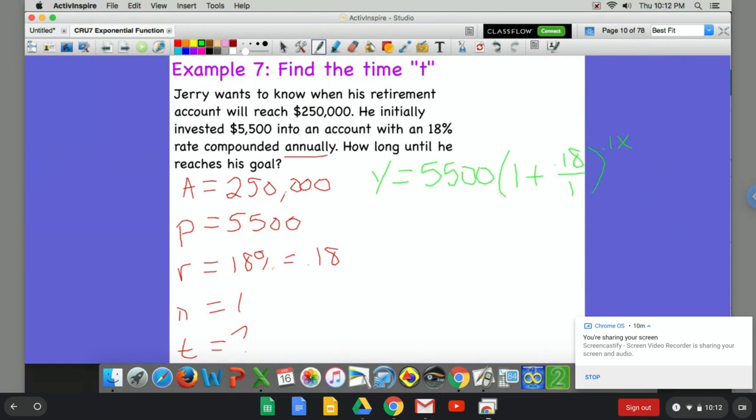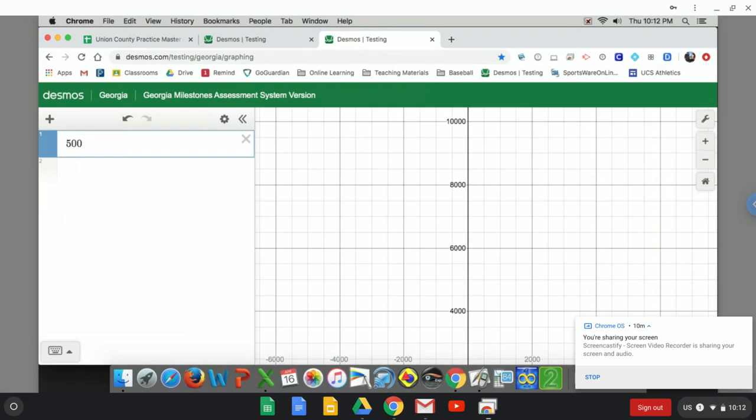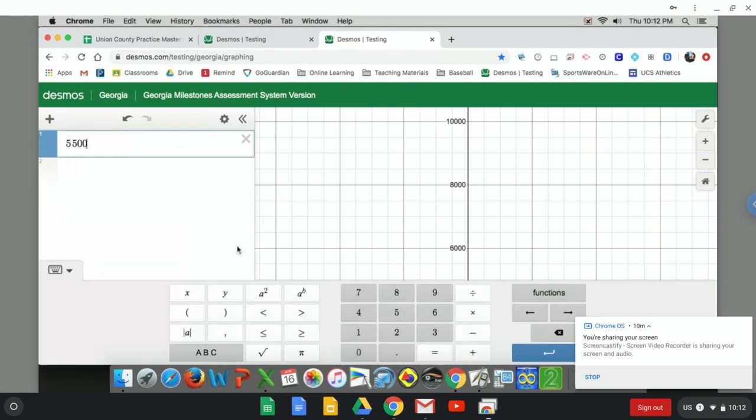And so now we know that our a, or the number we're looking for that it intersects with, is 250,000. So we're going to take these two equations and punch them into Desmos. The first one is going to be that 5,500, 1 plus, create a fraction.